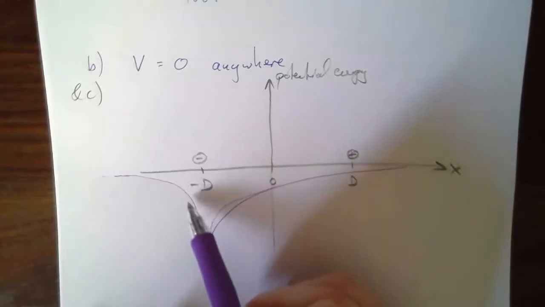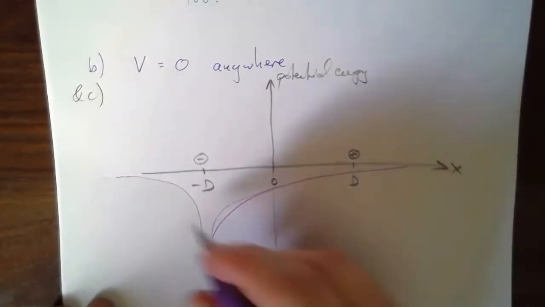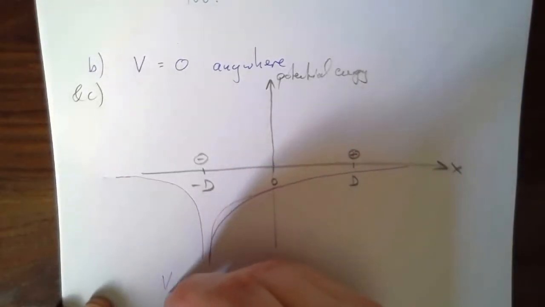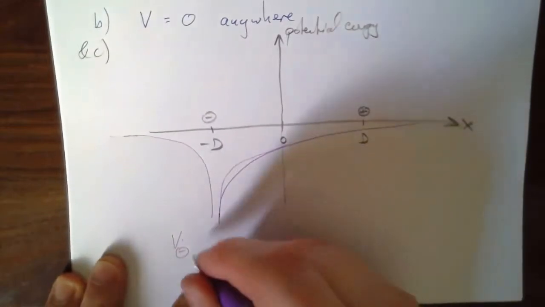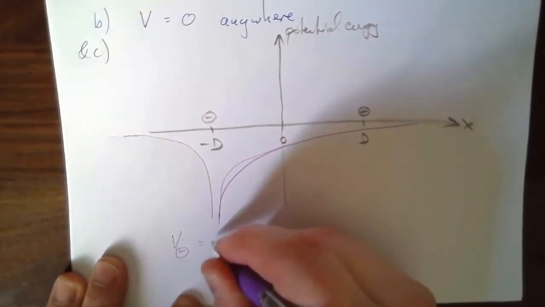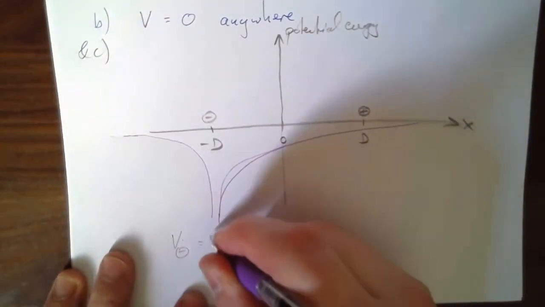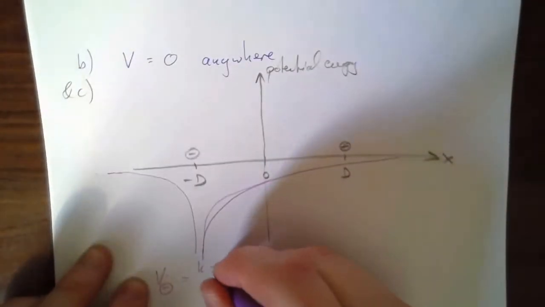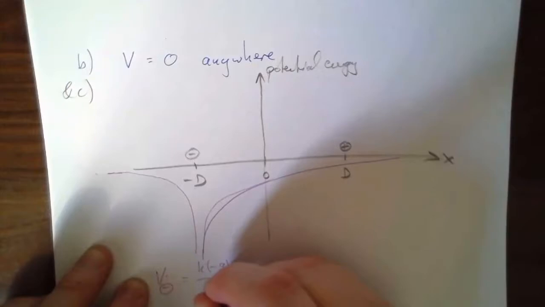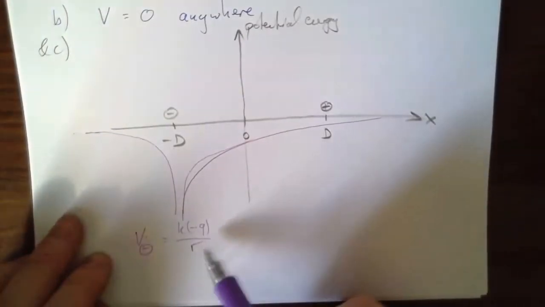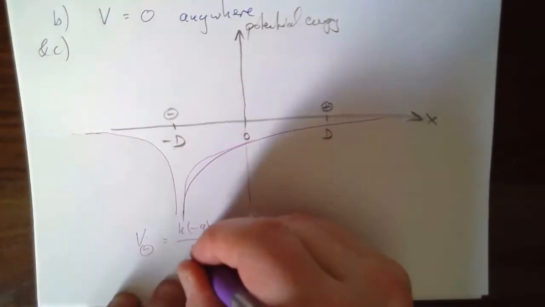So the expression is V due to the minus charge is going to be KQ over R. Q in this case is a negative, so minus Q over R. So it's like a 1 over R. In this case, R is x.